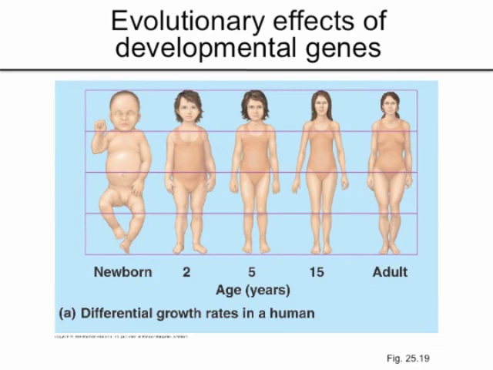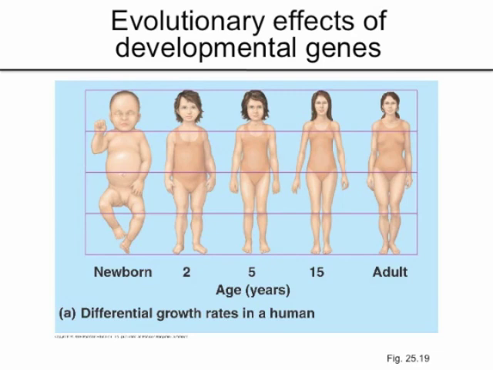If you compared this to other organisms, you'd see different patterns. There are other organisms where their torso elongates very rapidly as they grow, or their torso stays really short as they grow, or their head remains very large as they grow.